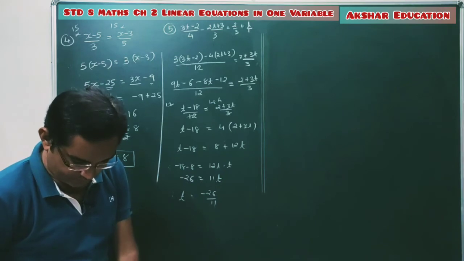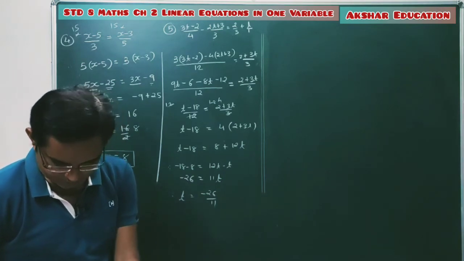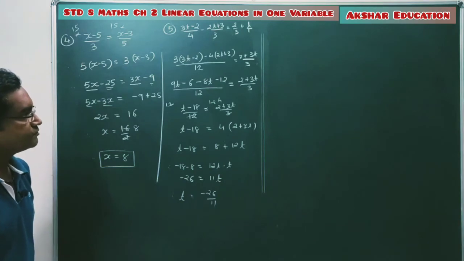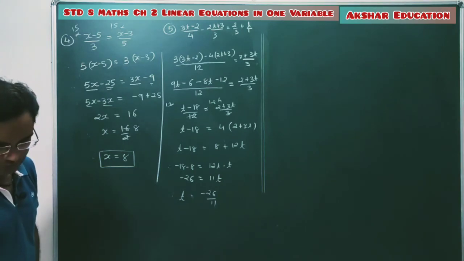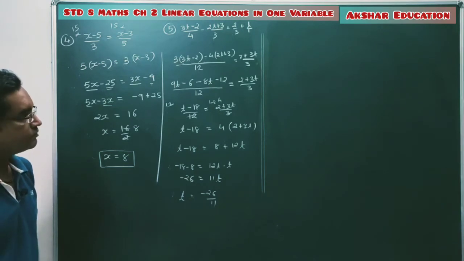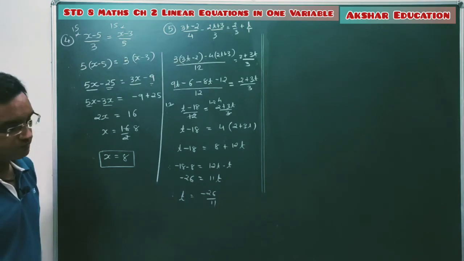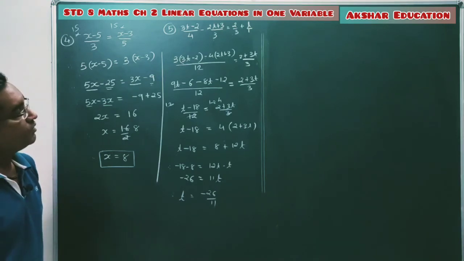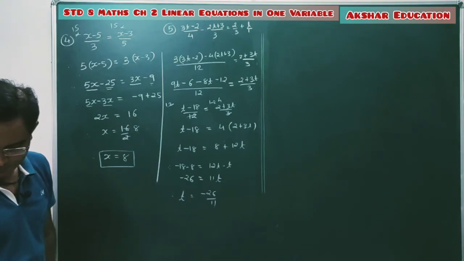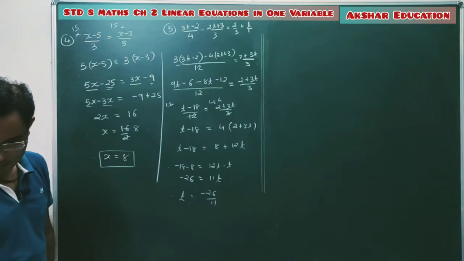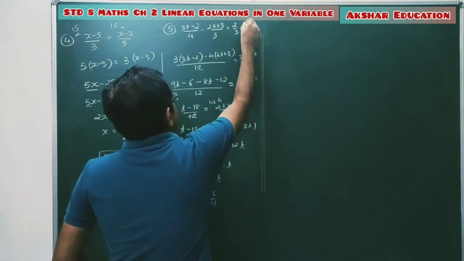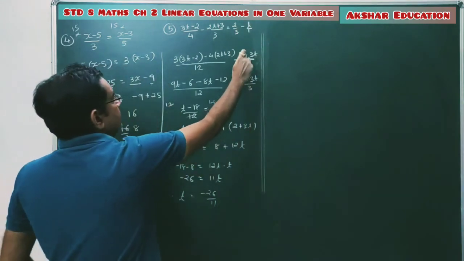Let me verify the answer. So 2/3 minus t is there. So it's a minus t.